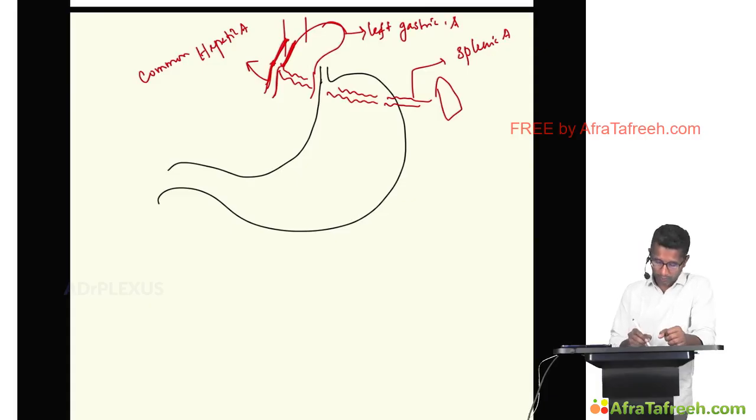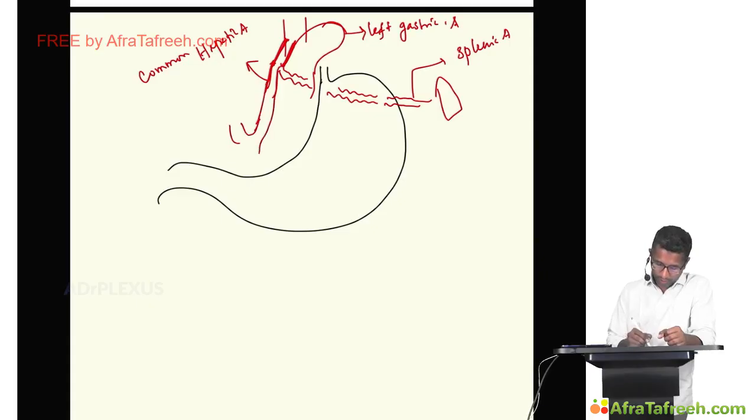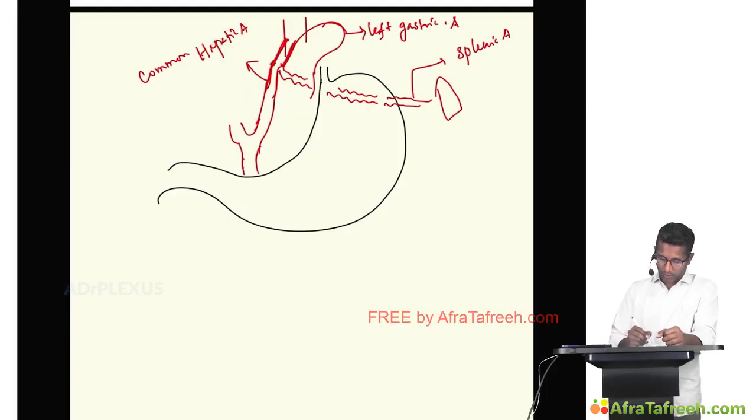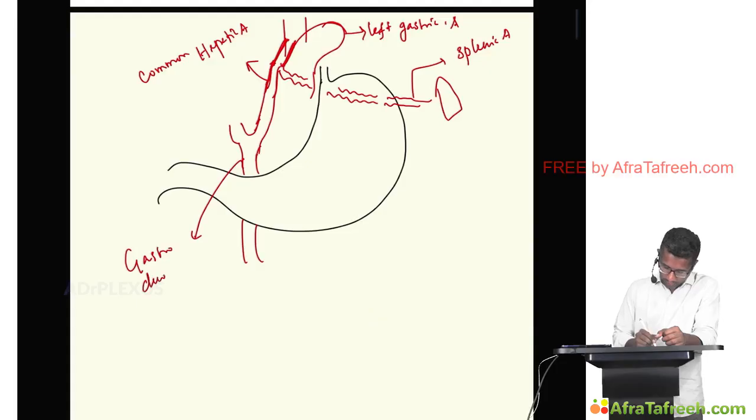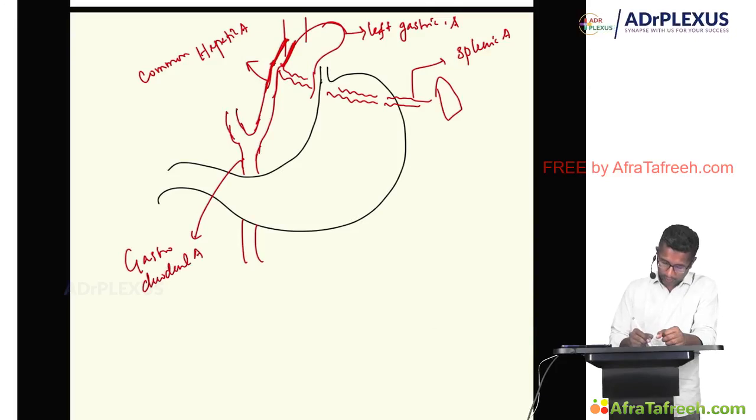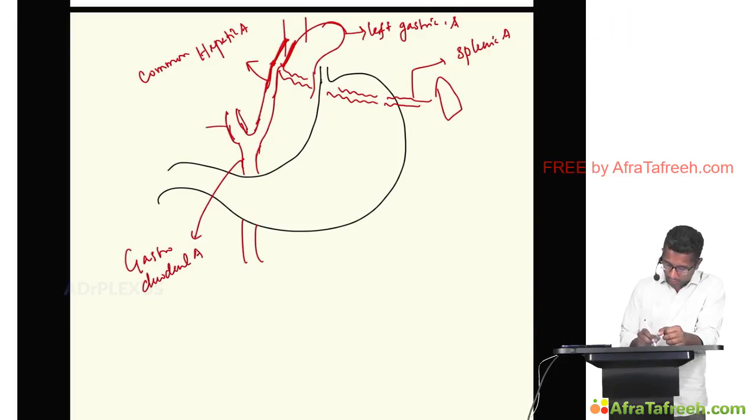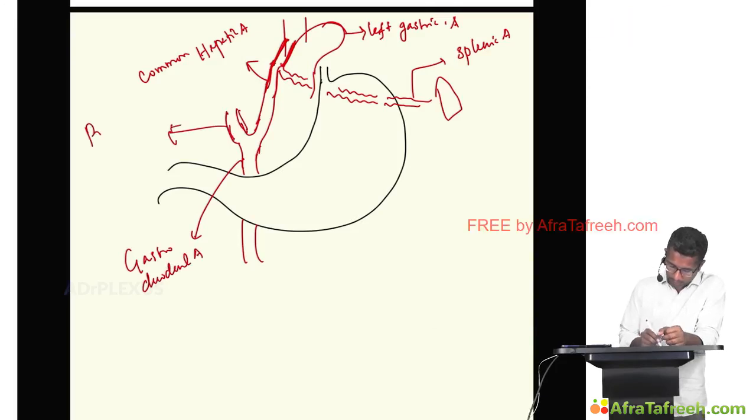This common hepatic artery, when it runs down, divides into two branches. One is called the hepatic artery proper, and the other is called the gastroduodenal artery.